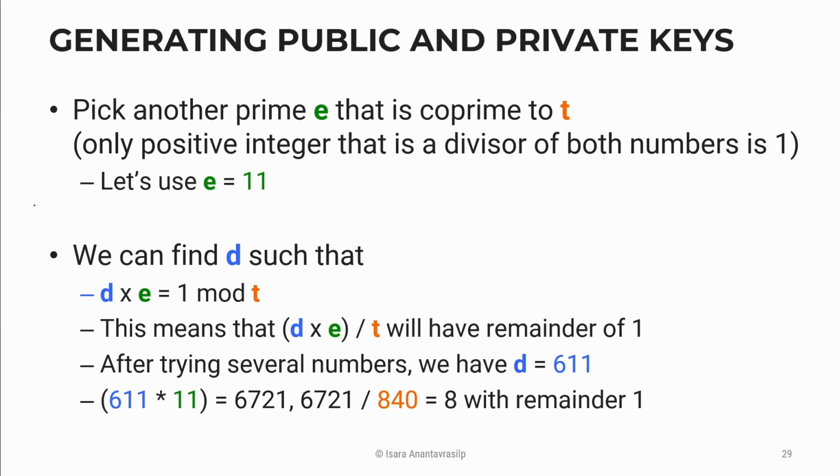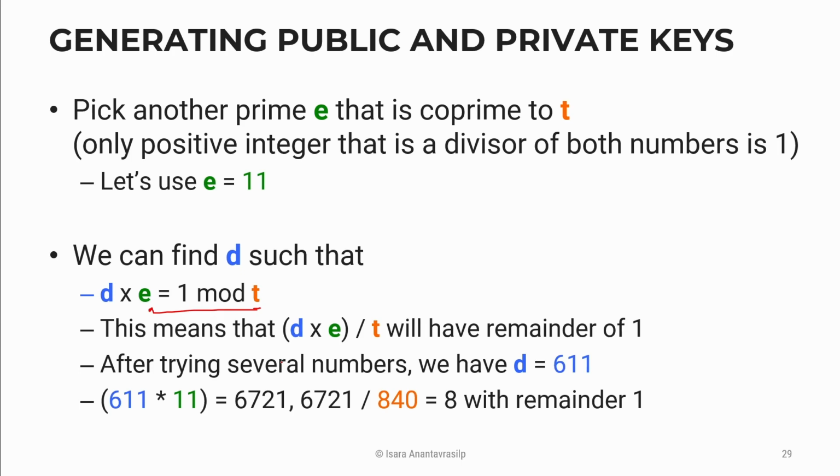Now, we can find D such that D times E equals 1 mod T. What it means is that if we move T to this side, we're going to have D times E divided by T, and the remainder of such a product would be 1.